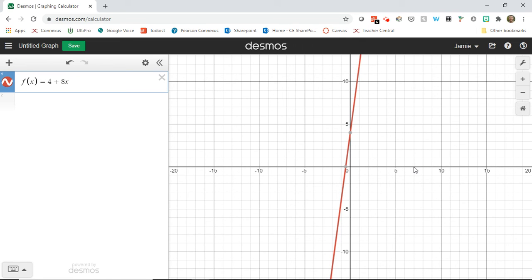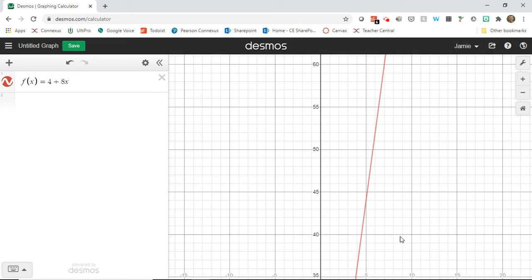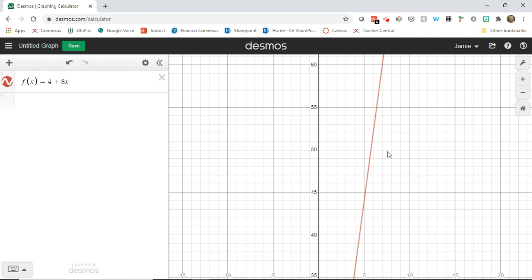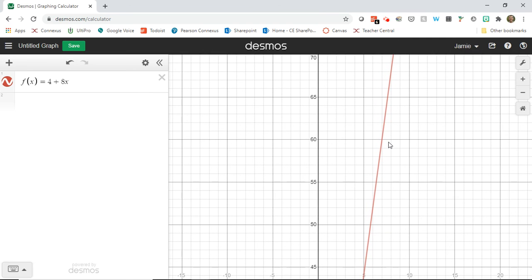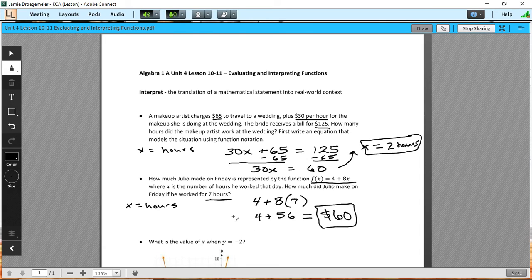So when x is 7, and I'm going to need to scroll up a ways here. Again, I could change my view if I needed to, but when x is 7, f of x is 60. So 7 hours is $60. Again, the same thing we came up with when we used the algebra to solve it. So again, just wanted to show you how that works.